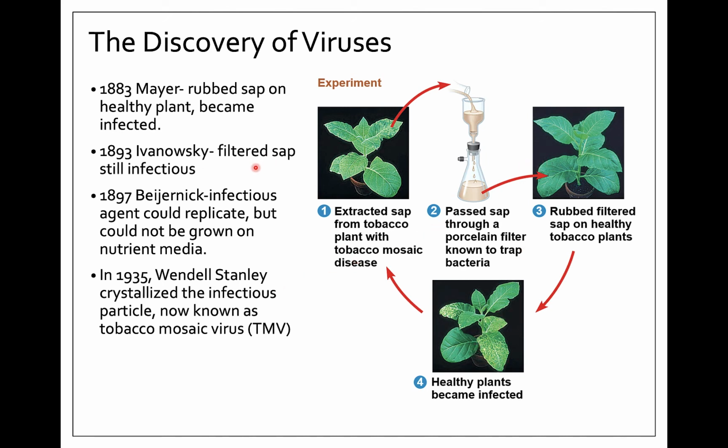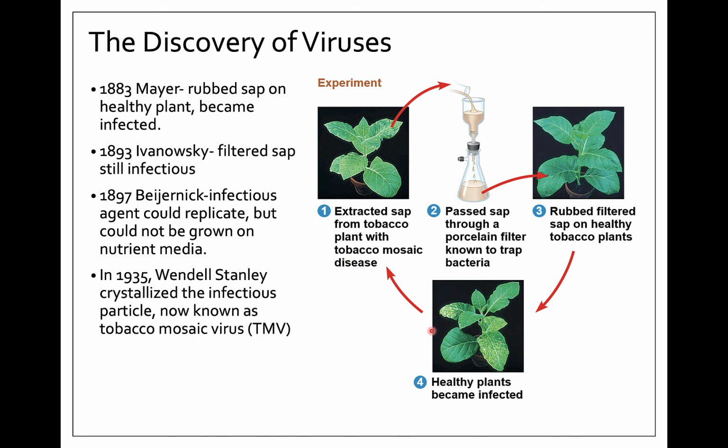And at this point we thought, okay, well, maybe it's some kind of bacterial toxin or something that the bacteria are secreting into the sap instead of a virus. They didn't know what a virus was. And then eventually we tried to grow this infectious agent on media, and they could not do it. They could not take this infectious sap and grow it on a petri dish.